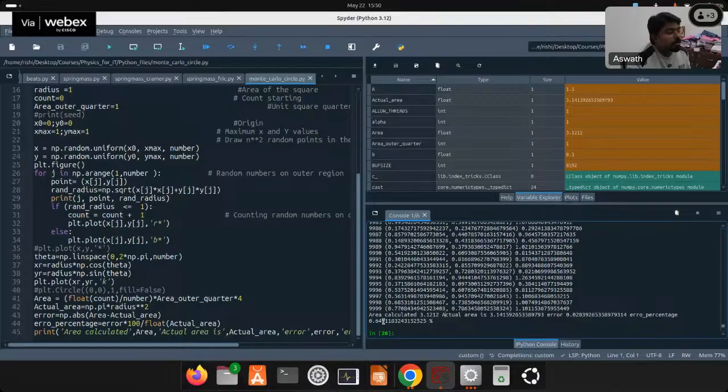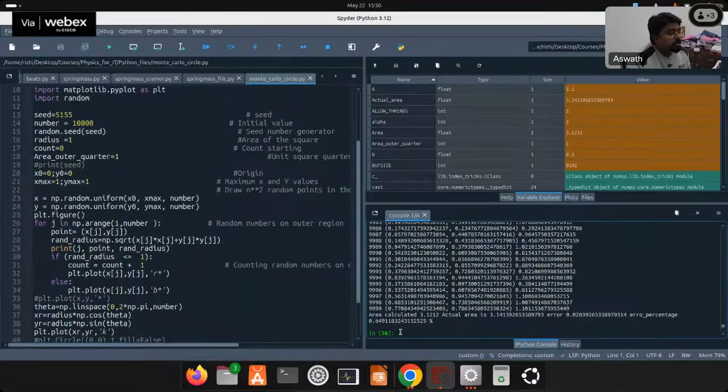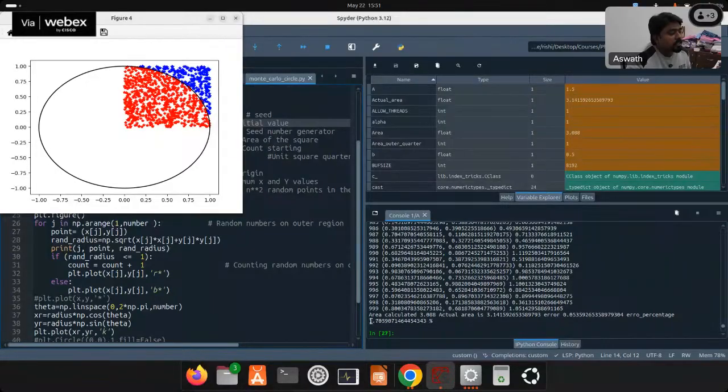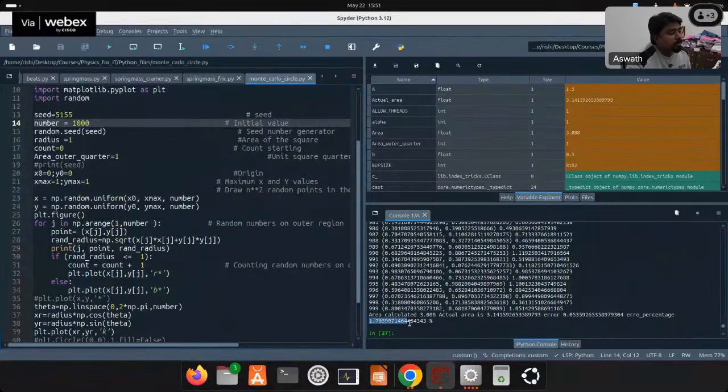Interestingly, if you see the number of points, here the error percentage is 0.64. Let me decrease the number of points, let's say 1000. Let me integrate it again. See, the number of points is decreased, the error percentage is increasing. So Monte Carlo integration only works if you go for a larger and larger number of points.